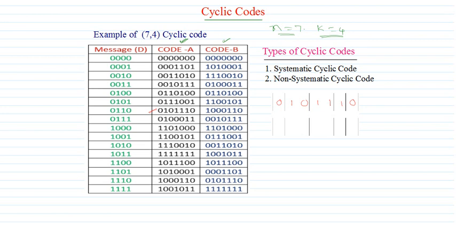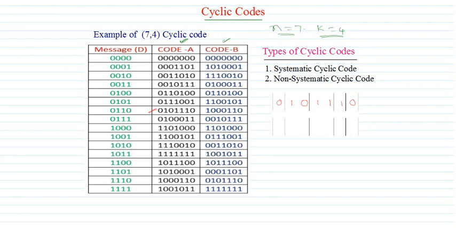As the definition says, if you give a cyclic shift to any code vector in a block code, either a right cyclic shift or a left cyclic shift, it will result in another code of the same length.